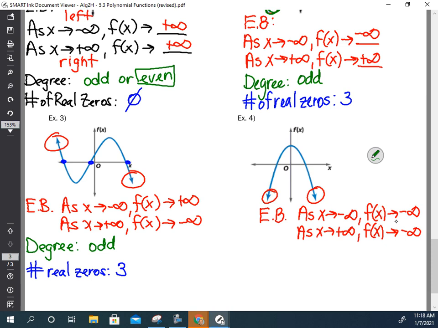So there's your end behavior. Would the degree be odd or even? And how many real zeros do you have?